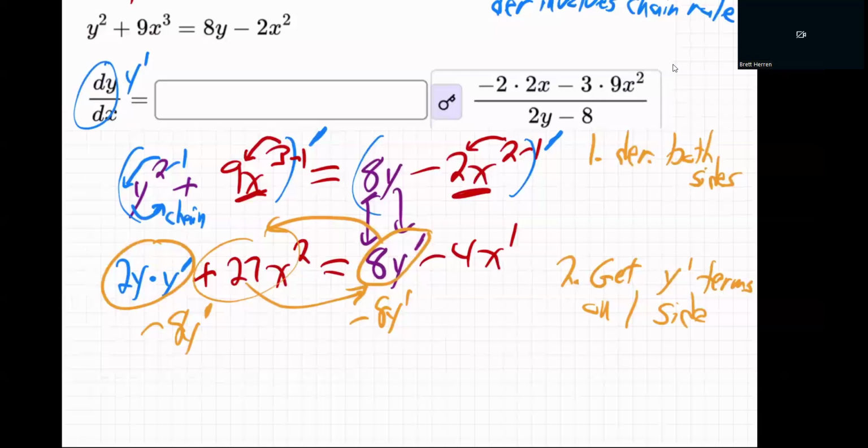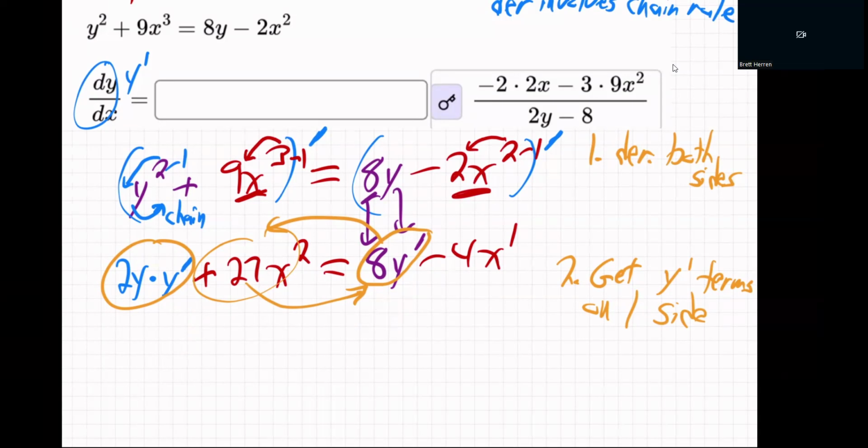So it gets rid of that one. And then this guy, I'm going to subtract 27x squared, and it gets rid of that one. So long story short, just jump them to the other side. I like it cleaner. These are going to get messy enough without extra mess.